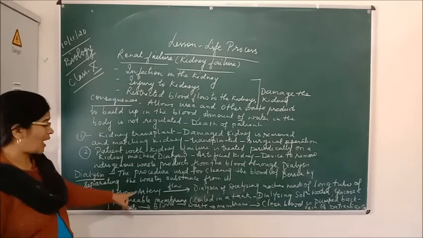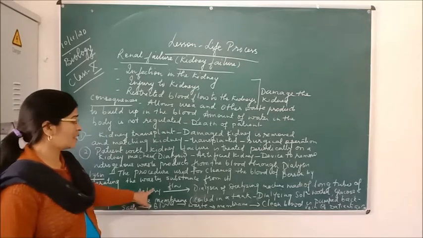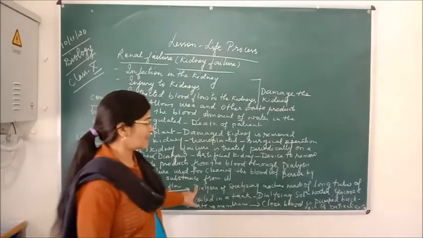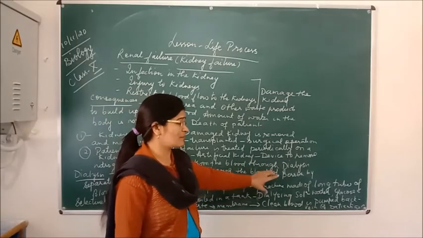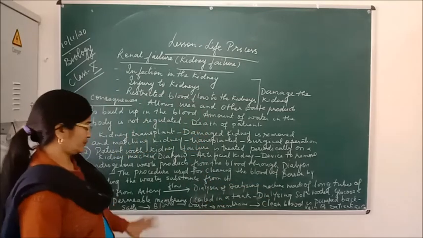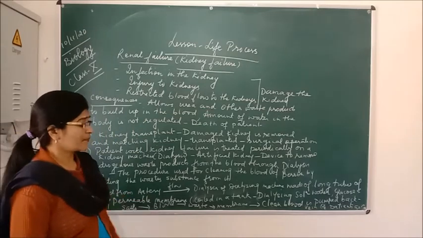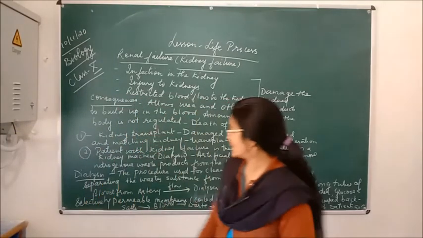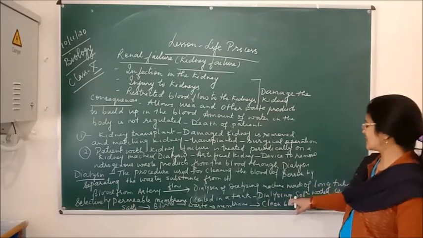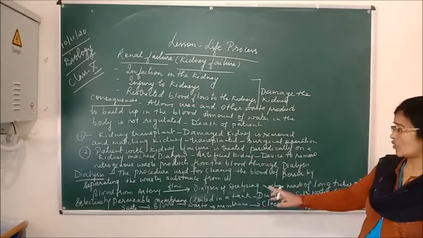The blood from the artery of the patient's arm is made to flow into the dialyser, and this dialyser contains long tubes made up of semi or selectively permeable membrane. This selectively permeable membrane is coiled in a tank, and this tank contains some dialysing solution like water, glucose and salts also.